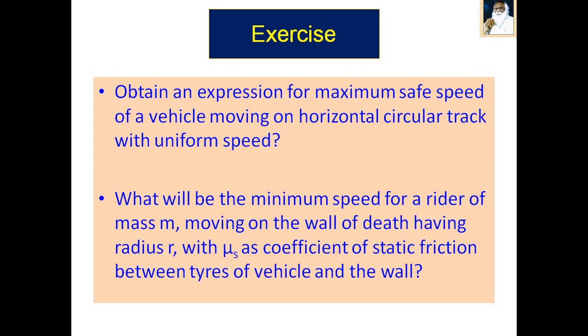And second, what will be the minimum speed for a rider of mass m moving on the wall of death, having radius r, with mu s as the coefficient of static friction between the tires of the vehicle and the wall surface? Thank you.